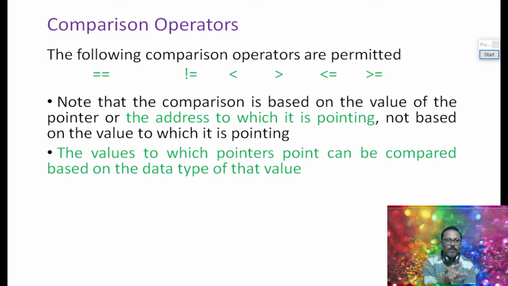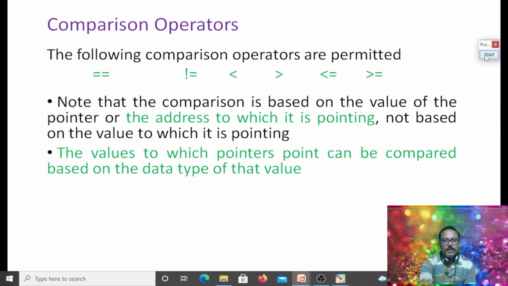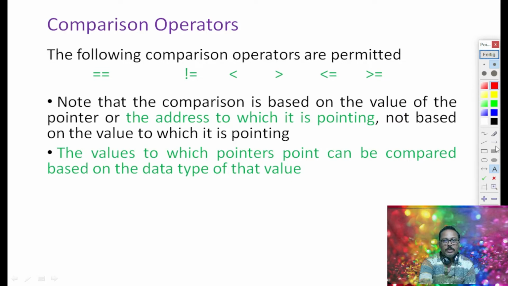The pointer contains the address, and that address can be compared. The values to which the pointer points can be compared based on the data type of that value.